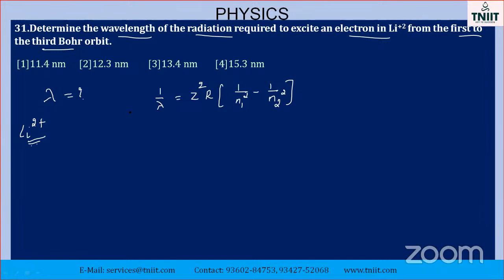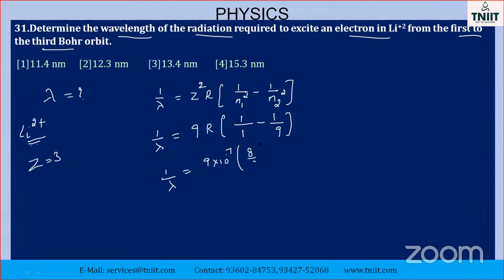For lithium, what is the value of Z? It is 3. So 1 by lambda will be 9 times R into 1 by n1 squared, n1 is 1, n2 is 3, squared 9. So 1 by lambda is 9 into R value, 10 power 7, into 1 minus 1 by 9, which is 8 by 9.